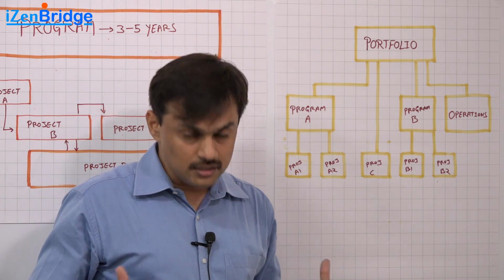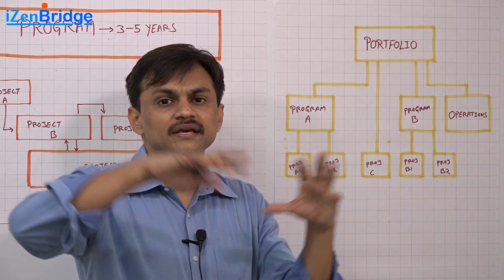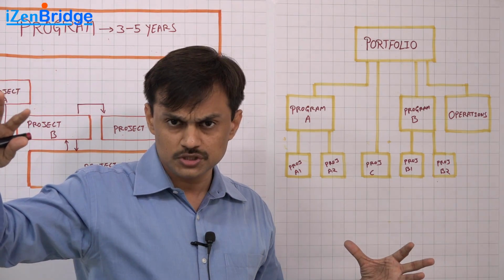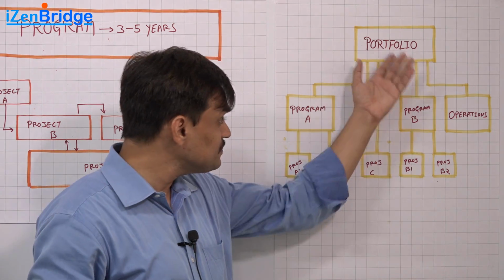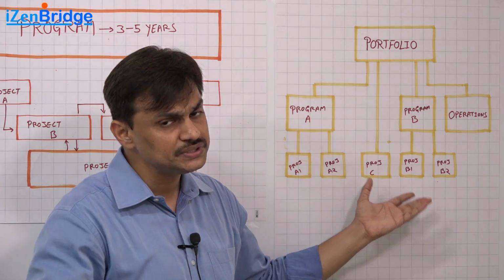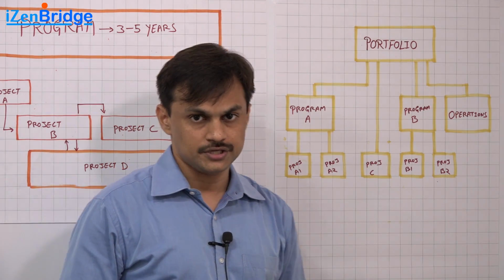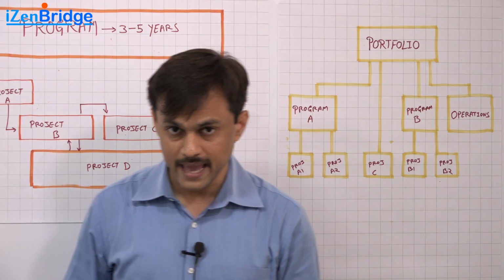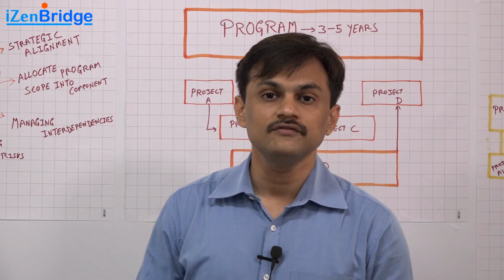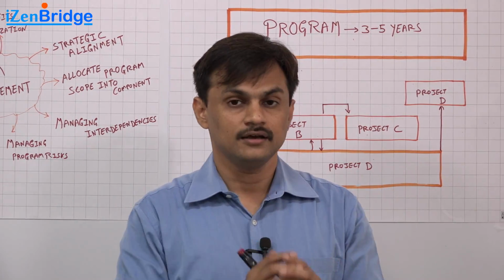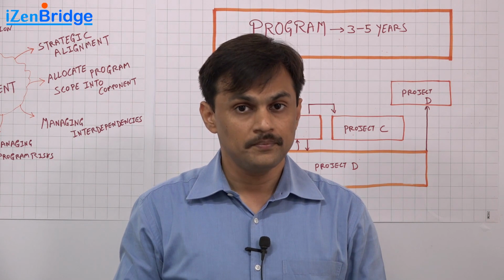Like, you may want to do a particular initiative and just work on it as a project, and the portfolio people directly allocate money to it, and take its deliverables and consume them. So if a program exists, it is meant for giving alignment, resolving interdependencies and grouping interrelated projects.